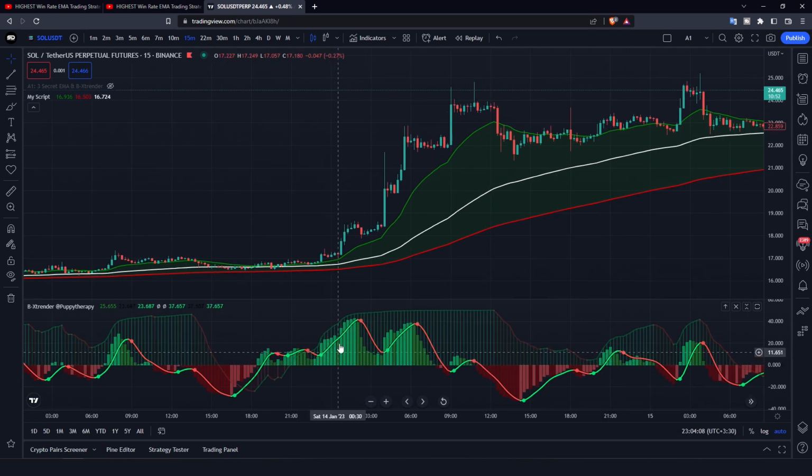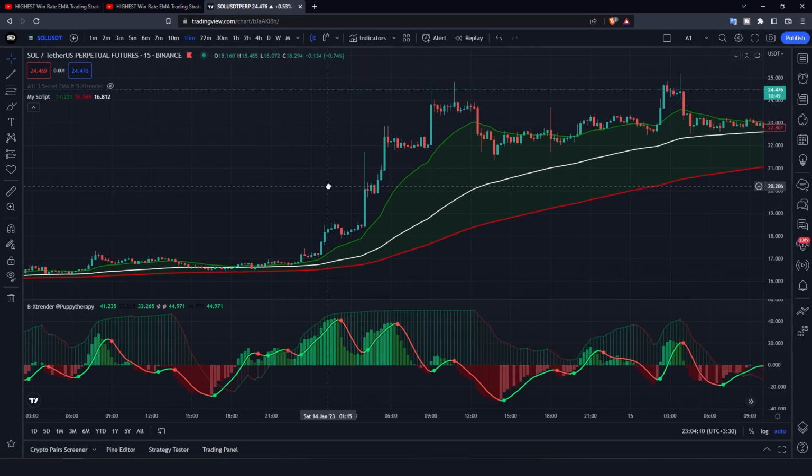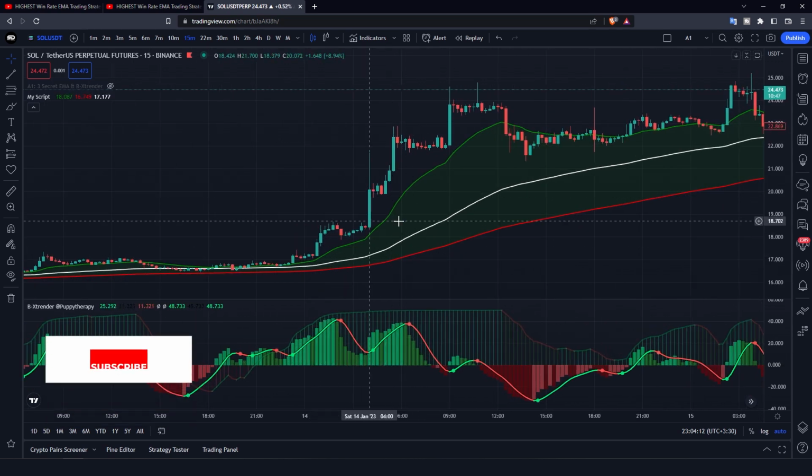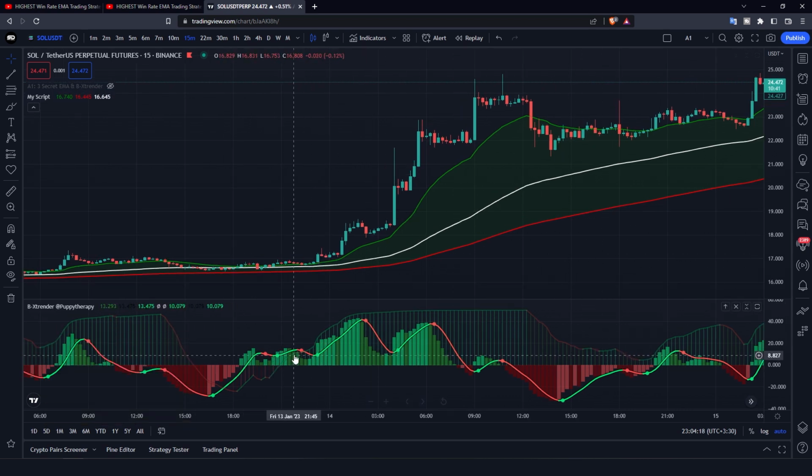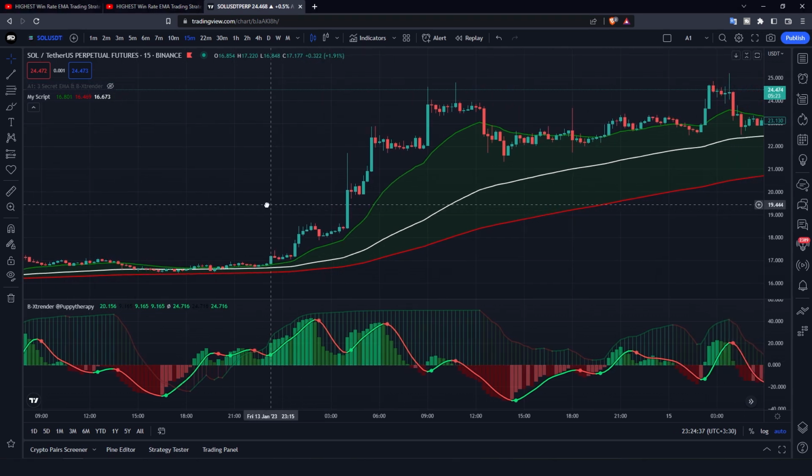It means when we are in the green zone up here, we have to look for green circles. It seems to be a good area here. And the third condition is the BX trender trend line. This line at the bottom should be green and also above the zero line, if we consider this line as a zero line.